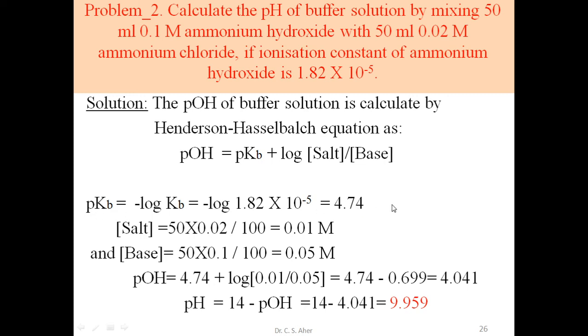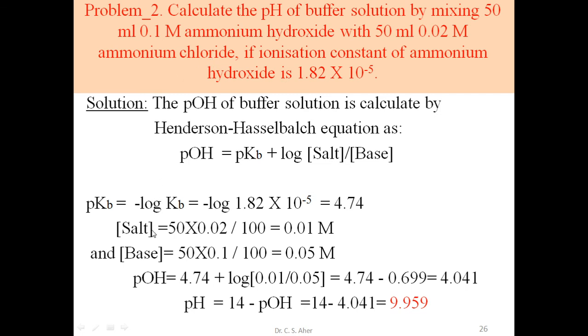Why is it the value of pKb? Because this value is assigned for a basic solution, a base. Ammonium hydroxide is a weak base. Now the salt concentration: we mix 50 ml of ammonium hydroxide and 50 ml of ammonium chloride solution, so the total volume is 100 ml. So 0.1 molar ammonium hydroxide and 0.2 molar ammonium chloride.